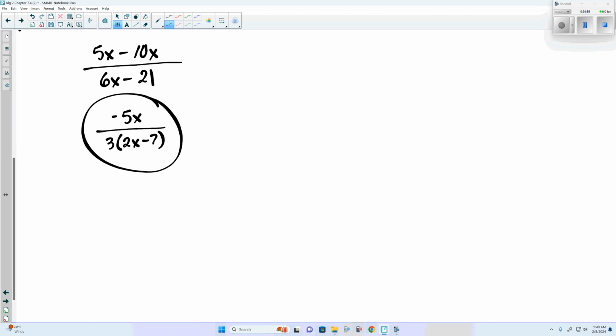And negative 5 over 3 times 2x minus 7 is the final answer. That's it. It wouldn't technically be wrong, but it's still good to go on and check and make sure. And luckily with this one, there's not a whole extra step where we had to actually factor it or simplify.